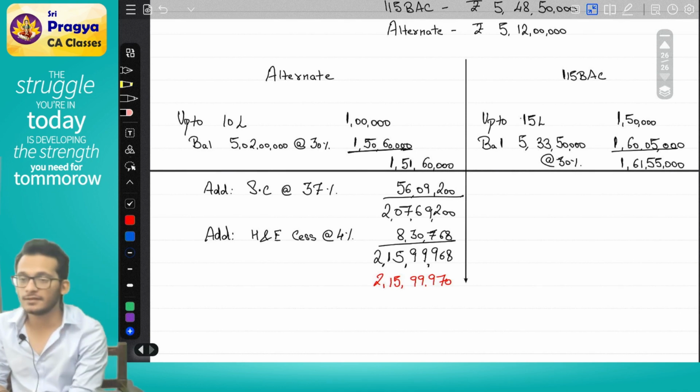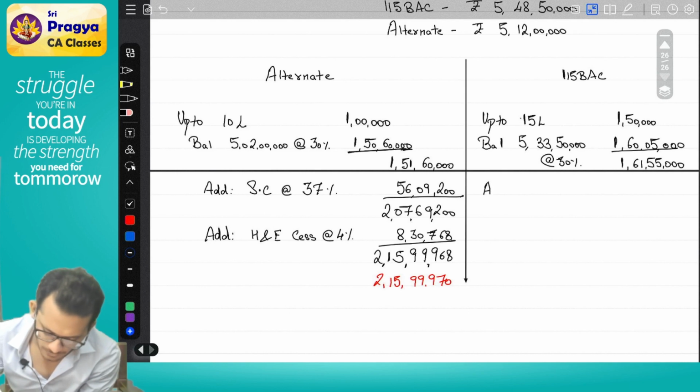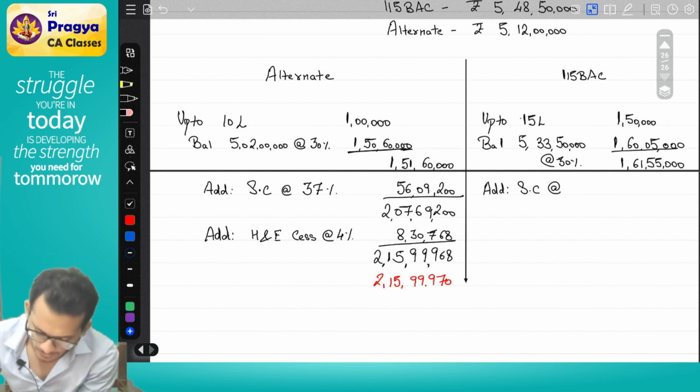Rich, poor, middle class. Rich. If you are rich, you will have to add surcharge at the rate of 25%. Rahul, my income is more than 5 crores. Doesn't matter.